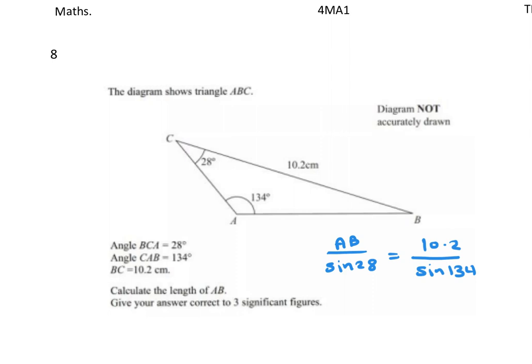Then cross multiply to find AB. So AB equals 10.2 multiplied by sine 28 divided by sine 134. So AB equals, to three significant figures, 6.66 centimeters.